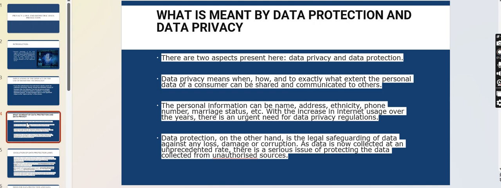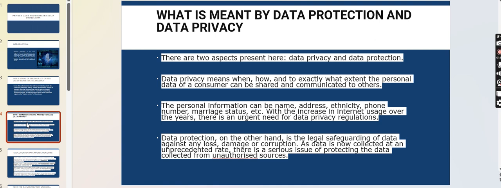Let's come forward. What is meant by the Data Protection Act and data privacy? Basically there are two meanings of this. Personal information is things like address, phone number, marital status. There is various personal information. The increase in internet use over the years has made data privacy regulations very urgent.